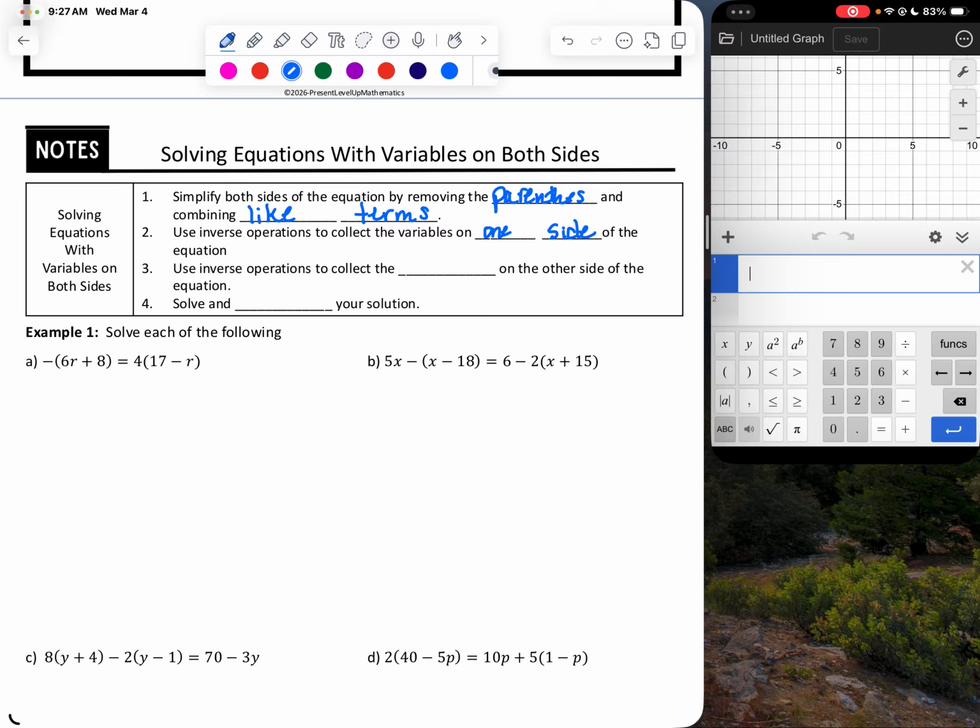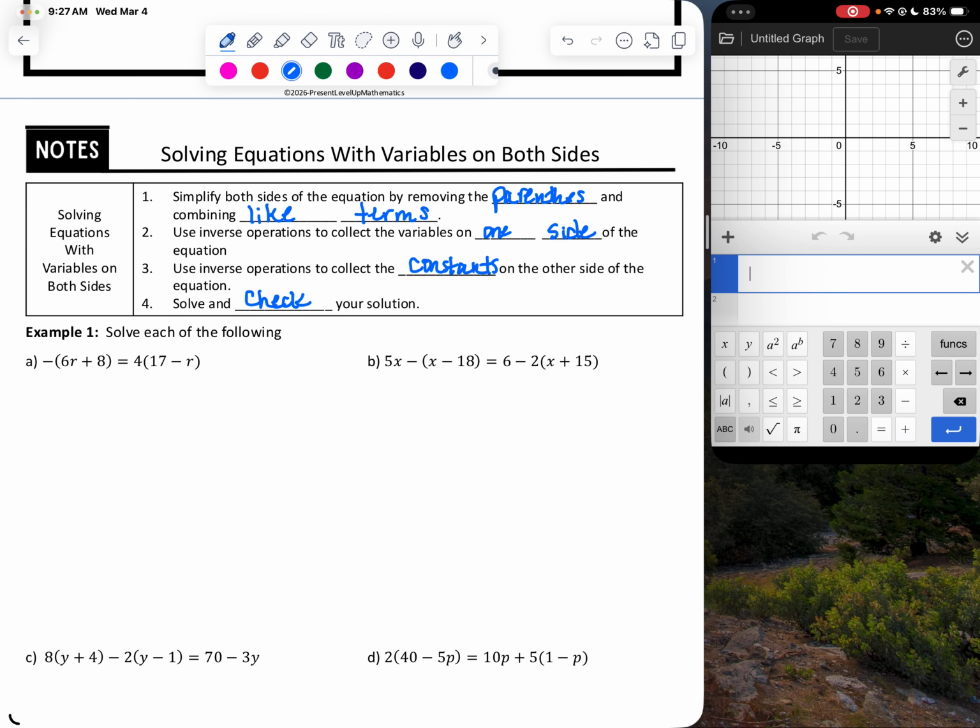Then you'll use inverse operations to collect the constant terms on the other side, the opposite side of the equation. And lastly, you'll solve and check your solution.